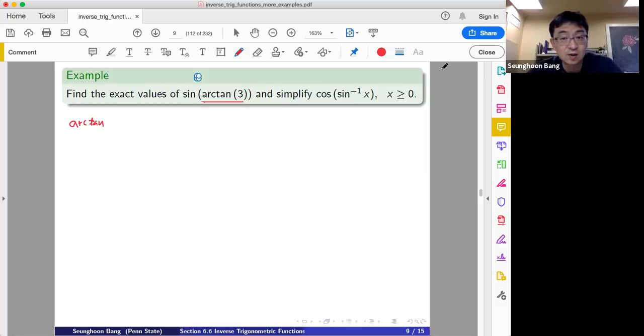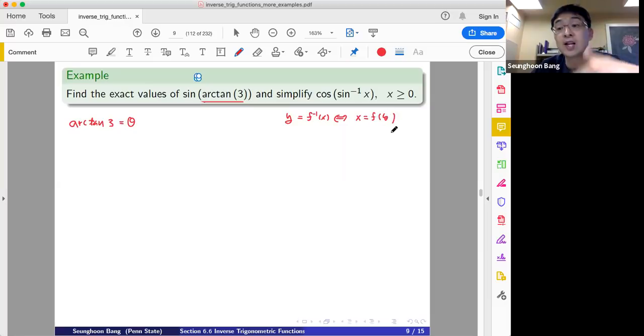So from here, we have this one. The arctangent of 3, we don't know. I can write an unknown value theta, like this. Do you know the definition or relation between an inverse function and the function f? Here, the inverse of x equal to y is equivalent to x equal to f of y.